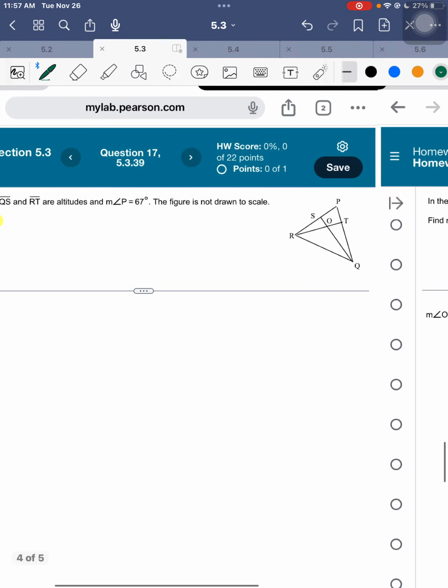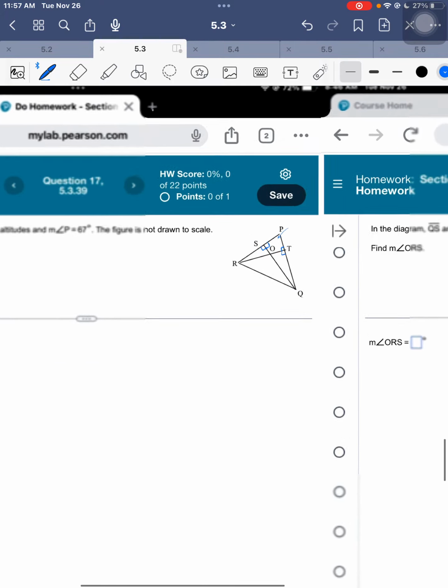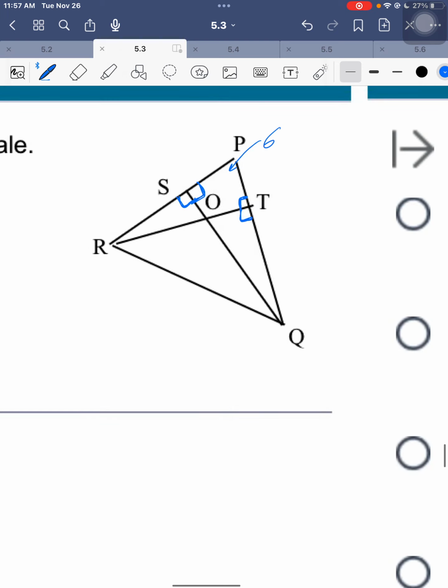Okay, so QS and RT are altitudes. So QS is an altitude, which means what? I'm going to have this, and I'm going to have this. 90, 90. Also RT. And what was P? 68, I think? 67.